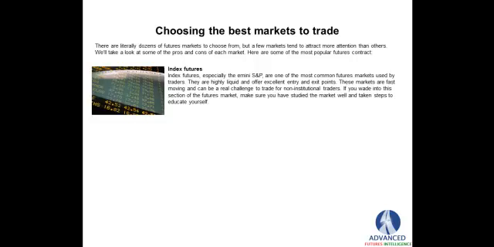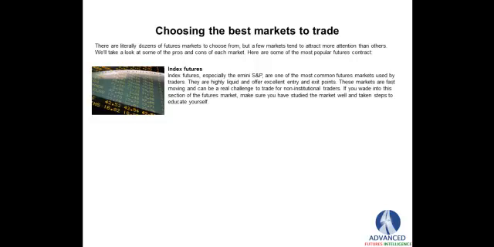The first one is a big one, and most people have heard about this because it's spoken about all the time on the financial news, and that would be index futures. You hear about the S&P futures in pre-market trading and the Dow futures in pre-market trading and things like that. These are what index futures are, and especially the E-mini S&P.